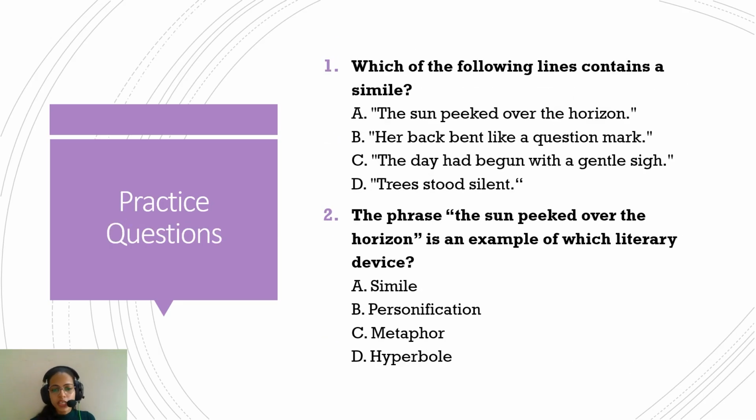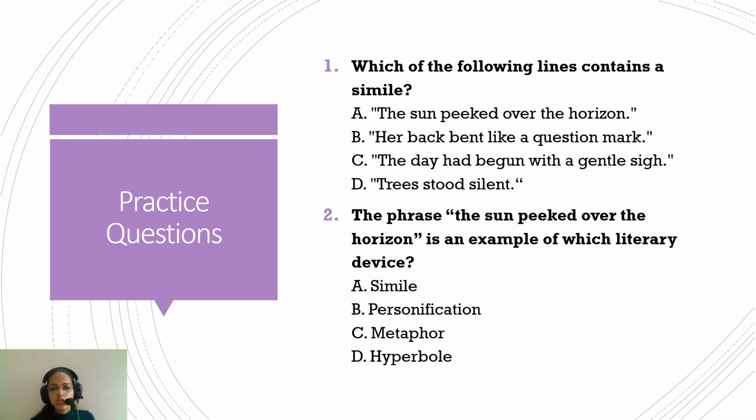Yeah. Because peeking means trying to look at somebody from a hidden position. That's a human activity. So the sun is almost like it's trying to take a peek from the horizon. A lot of the sun is still not above the horizon. Horizon is that point beyond which the sun rises or goes down.